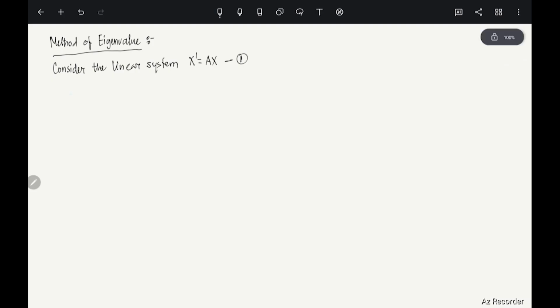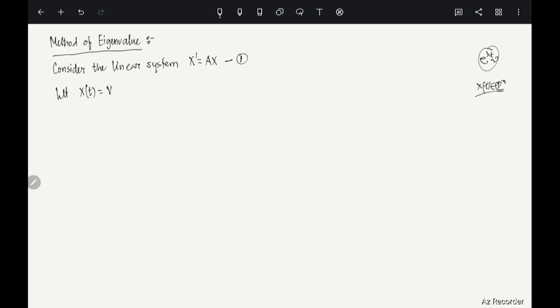Now, if we just start using an e to the power lambda t type of function, that won't work, because here the solution x of t is in Rn. So you have to multiply it by some vector v. So what we are going to do is this: let x of t be given by some vector v.